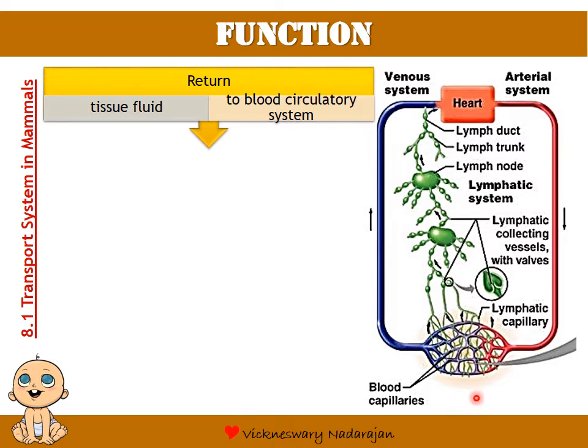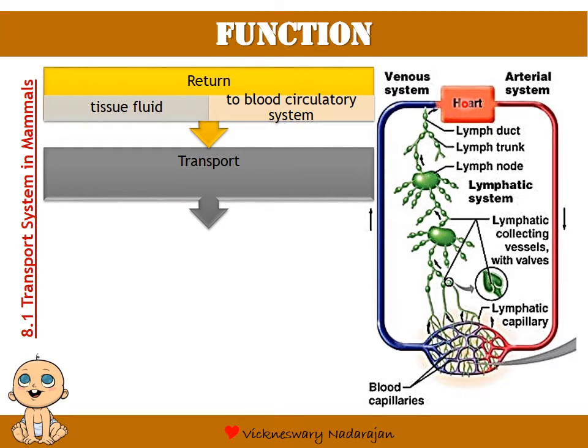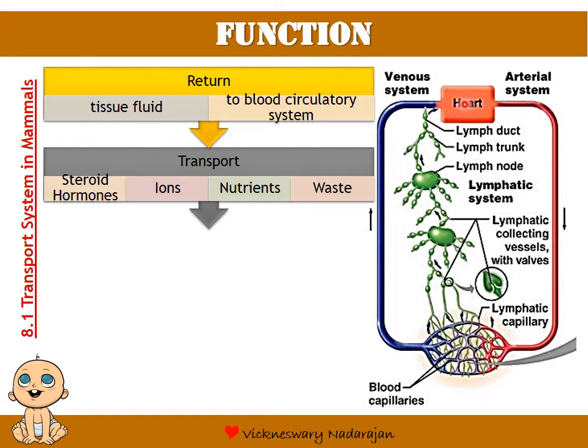So remember that 10% will diffuse into the lymph capillaries, be transported by the lymph vessels and lymph duct until they join the subclavian vein and enter the heart. Second function, of course, is to transport steroid hormones, ions, nutrients, and waste.